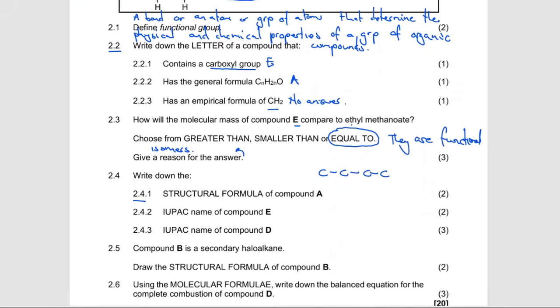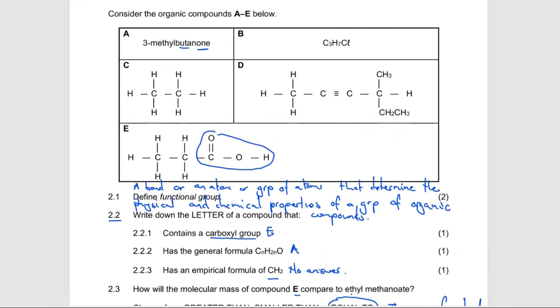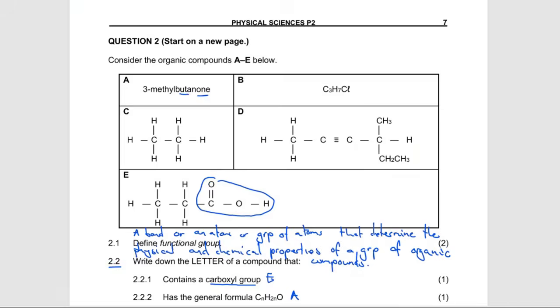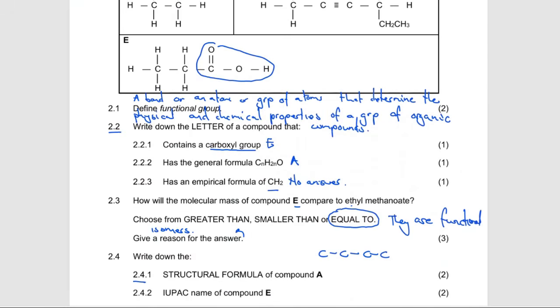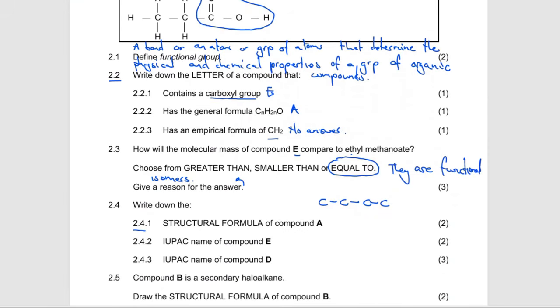Then it's 3-methyl butanone, so on carbon number 3 we're going to have a methyl group. If I count from right to left, it's 1, 2, 3.